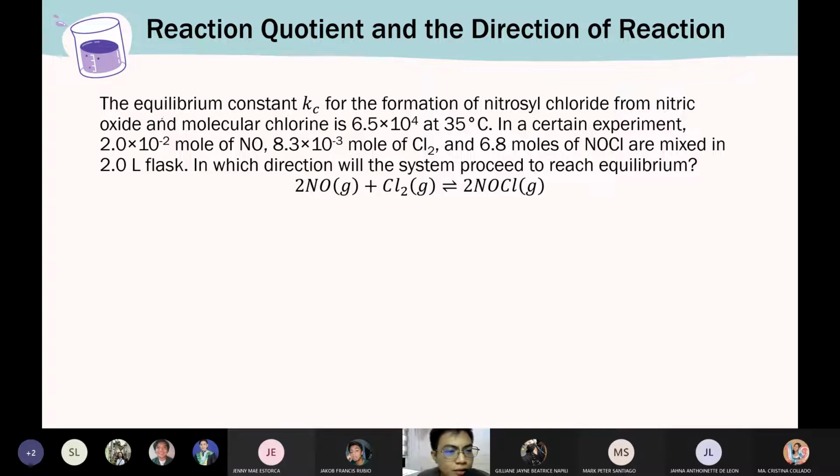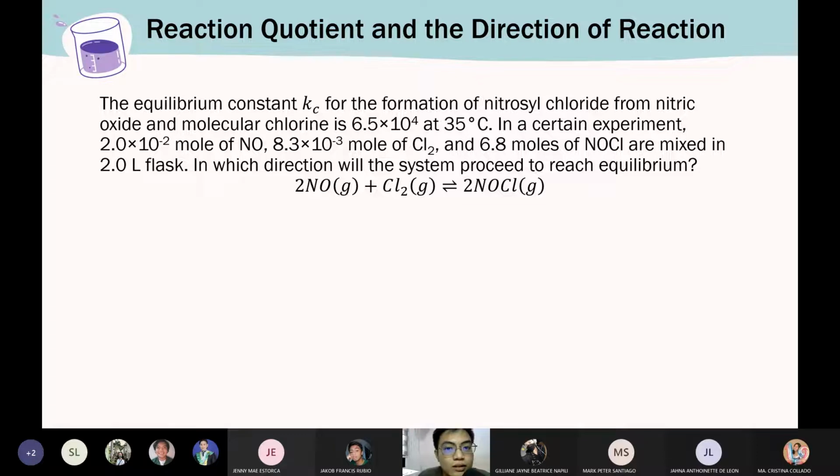In a certain experiment, 2 times 10 raised to negative 2 mole of nitric oxide, 8.3 times 10 raised to negative 3 moles of molecular chlorine and 6.8 moles of nitrosyl chloride are mixed in 2-liter flask. Okay? In which direction will the system proceed to reach equilibrium?